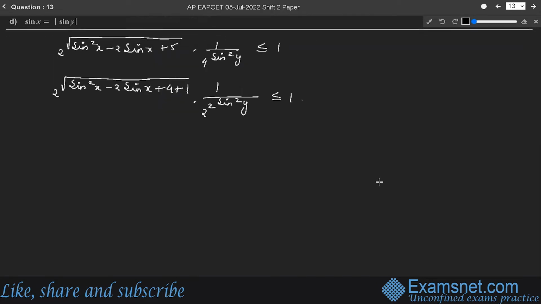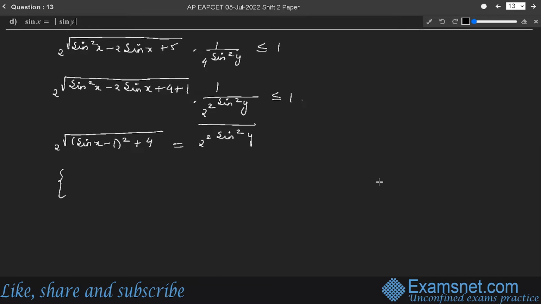It will be of the form (a − b)². So we can take this expression on the right hand side, so it will be on the numerator. So this will be equal to 2^(2 sin²y).